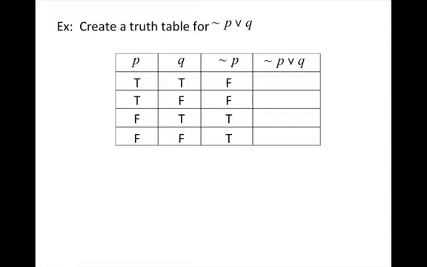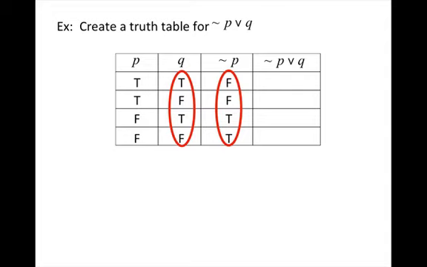Now finally, I want to find not P or Q. In front of the symbol is a not P, and behind it is a Q. So those are the columns I'm going to compare. If you remember, there was only one case when OR was false, and it may be easier to remember that one case. OR is false when both parts are false.